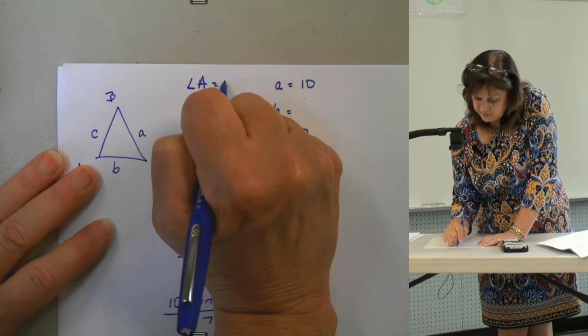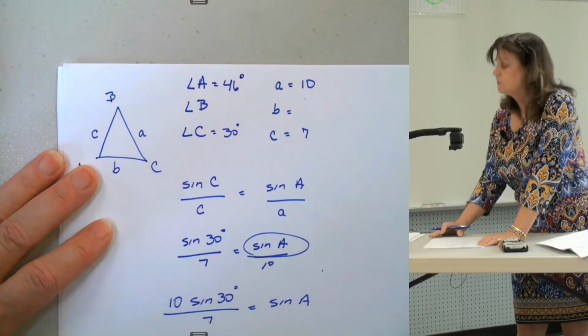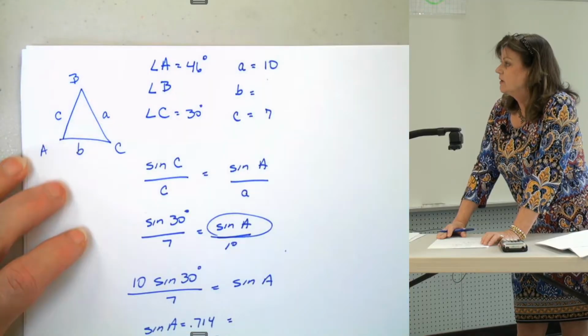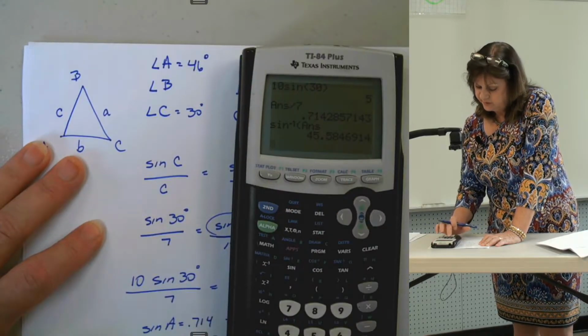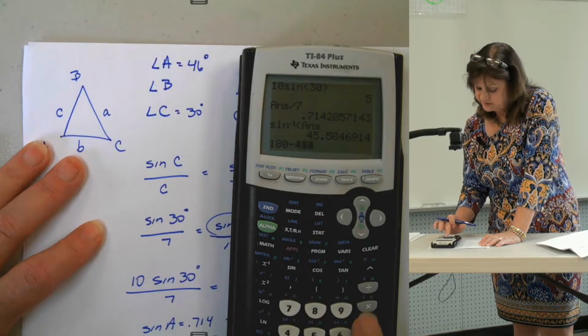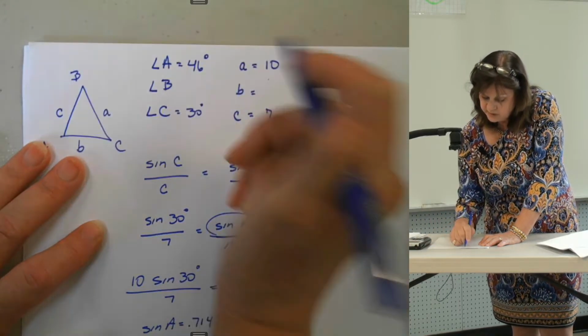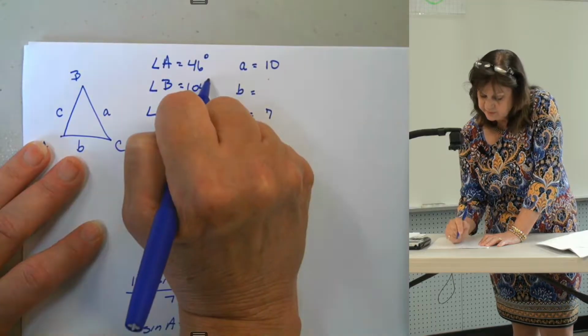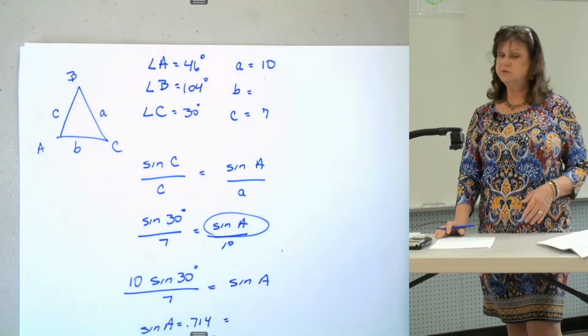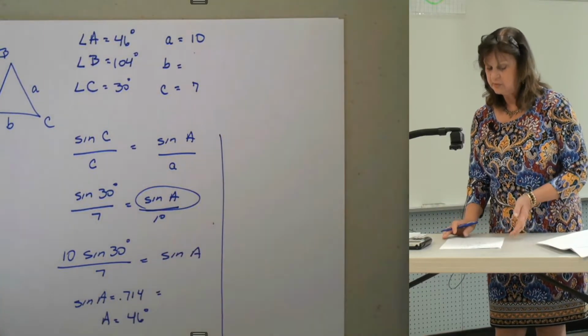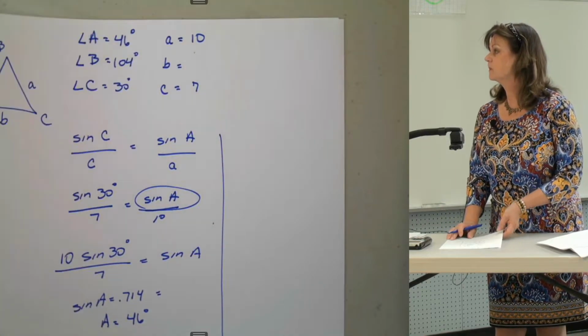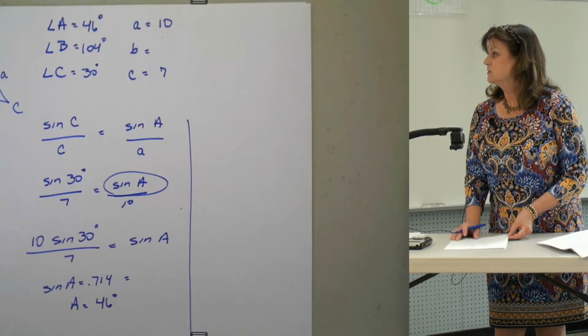So if this is 46 degrees, then I've got to figure out angle B or else I can't find side length B. So again, we have 180 minus 46 minus 30. Angle B is 104 degrees, which tells you the length of side B is going to be the longest length we have. So let's go find that.